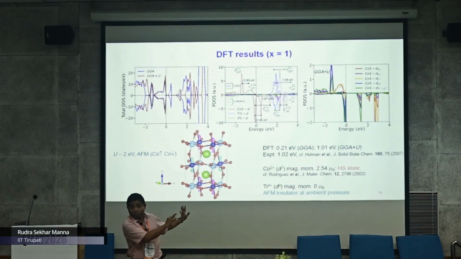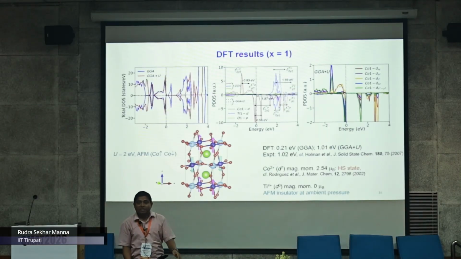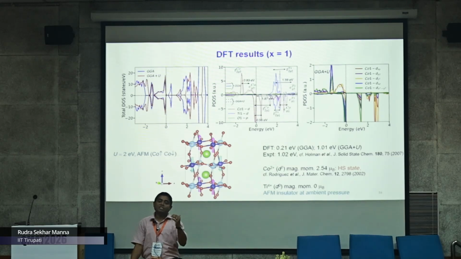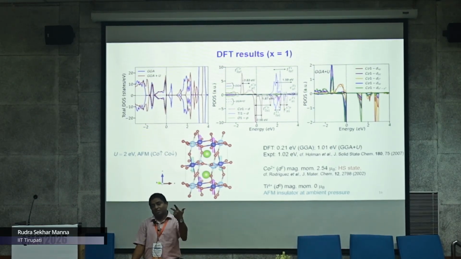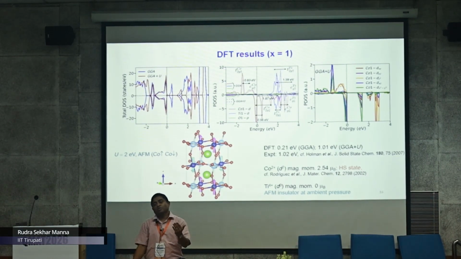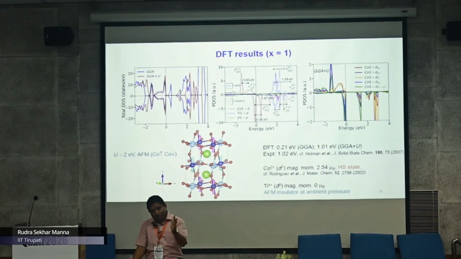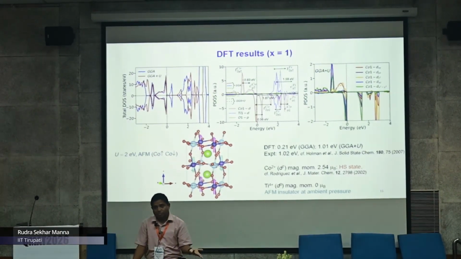That is what we chose for x equal to 1. In other cases also, in a very recent study, we keep changing the U values to see how it behaves. Of course when you go from the insulating to the metallic phase, the larger the U, one has to apply a lot more pressure to get the metallic state, because the Coulomb repulsion is large.